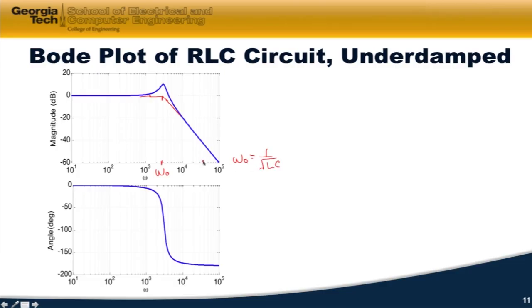What we found here is that we didn't have any dependence on R. But as R decreases, we get a resonant peak. For large R, what we saw in our previous case was overdamped. There was no resonant peak. So this is the resonant frequency range, and this peak value is the resonant frequency at which that happens.